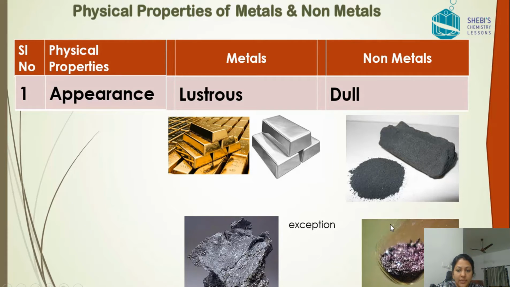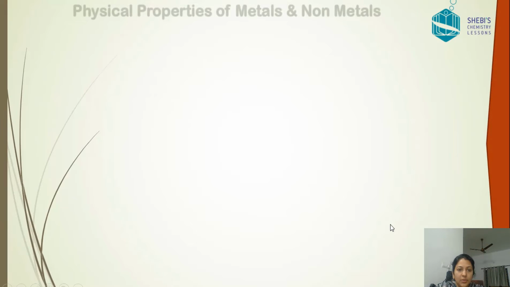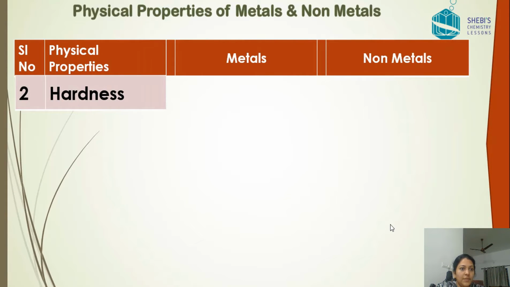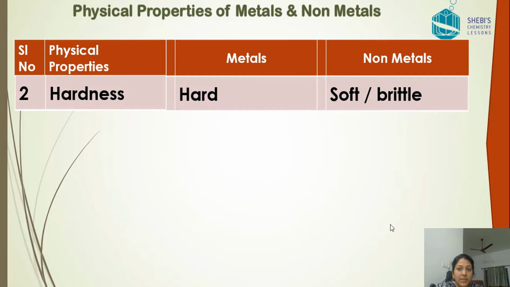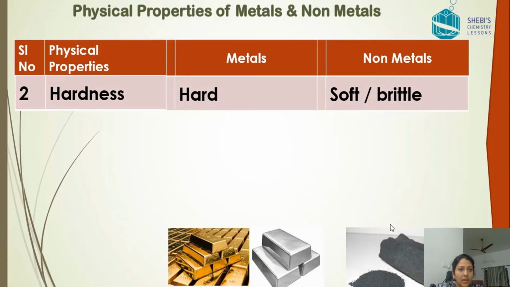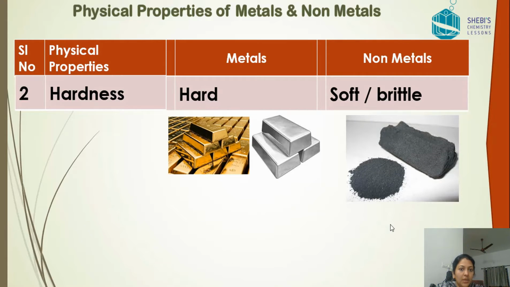This is iodine. So moving to the second physical property, hardness. We know that metals are hard in nature while non-metals are soft and brittle. Brittle means easily breakable. Let's see some examples. See here, gold, silver, etc. are hard in nature, while if you hit with a hard object, non-metals will break into powder or are easily breakable.